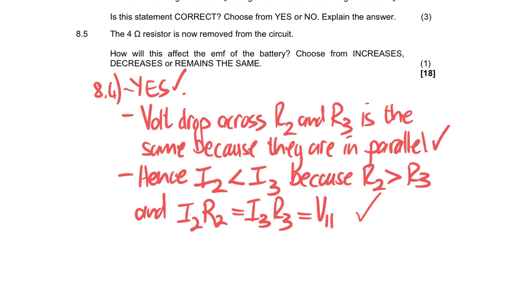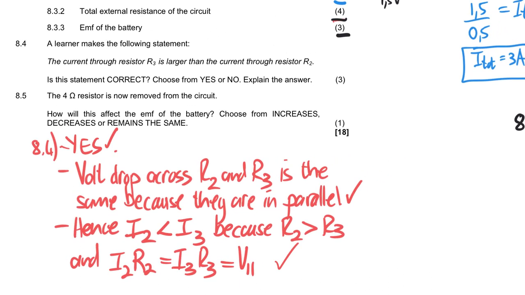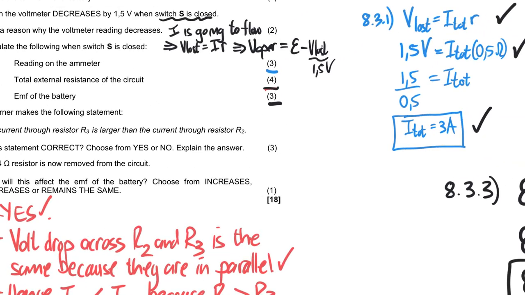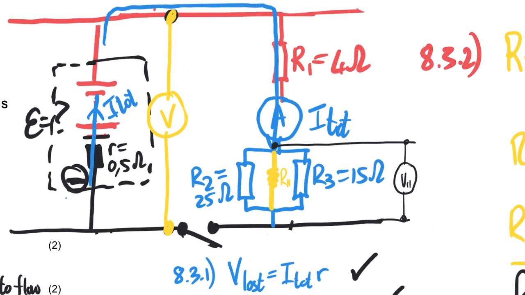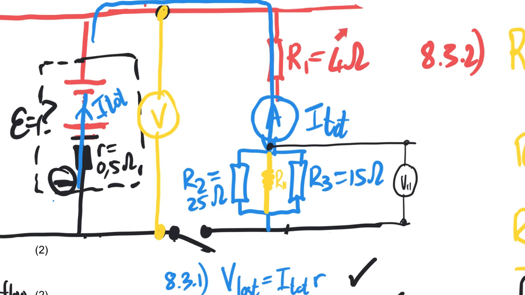So if we were to take the 4 ohm resistor from the circuit, so we take this resistor out of the circuit, well, what's that going to do to the total external resistance? Well, it's going to reduce it. There's going to be less resistance, so it's going to reduce the external resistance. What would that do to the current? Well, it would increase the current.